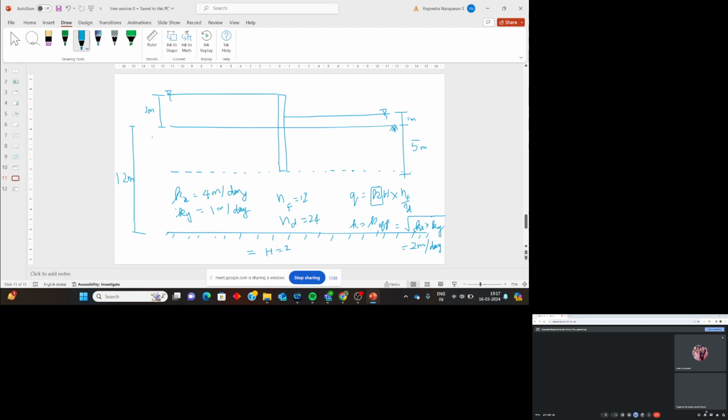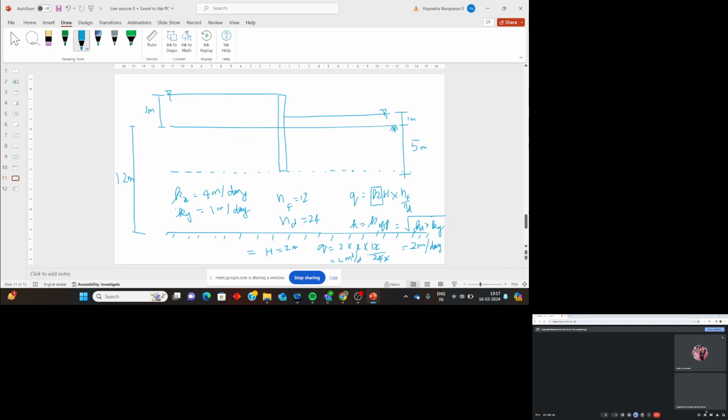How are you getting 2? On this side it is 3, on this side it is 1, so the difference is 2 meters. So Q will be K is 2 into H is 2 into NF by ND, 12 by 24. So Q is 2 meter cube per day.